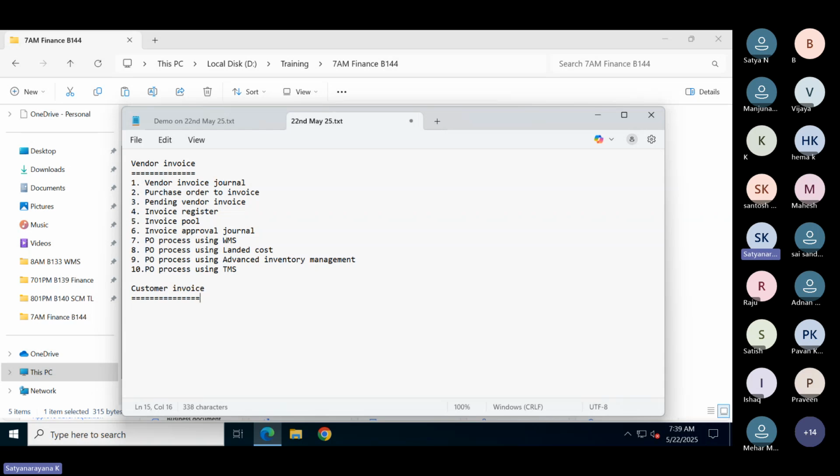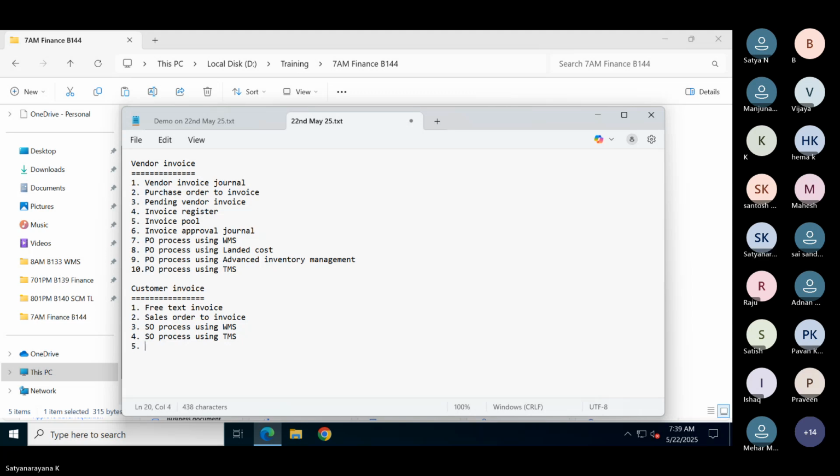How many ways? One is free text invoice. Next one is sales order to invoice. Next one is SO process using WMS. Next, SO process using TMS.